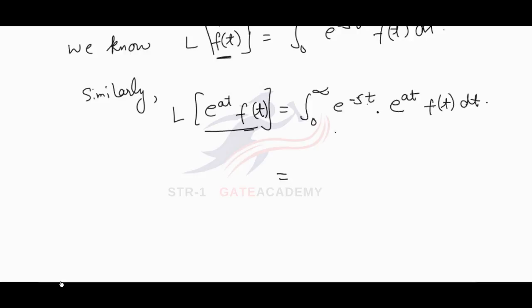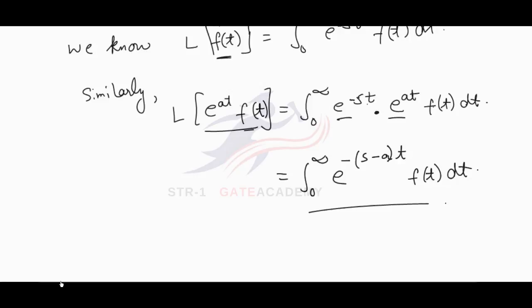Now in this, if I take e, this is also e, in between you have a multiplication sign, so I will take minus s common, so it is the integral of e raised to minus (s minus a)t f(t) dt. Now what is this expression?